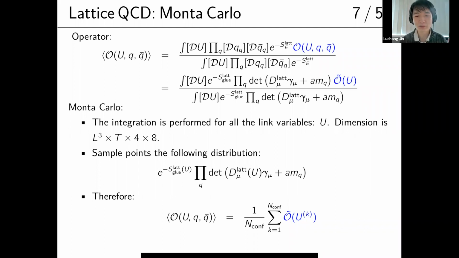Yeah, and also one thing I still need to mention is that although we do include the fermion determinant, as you can see, the fermion determinant is included once the configuration is generated.